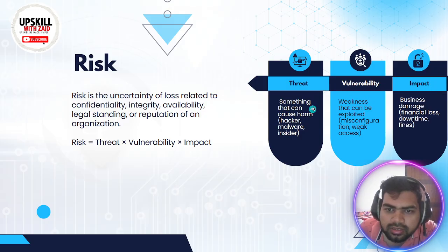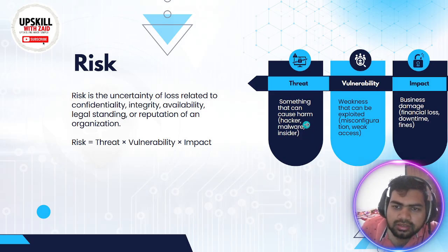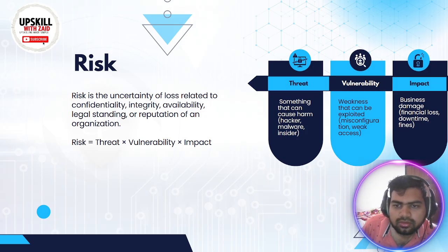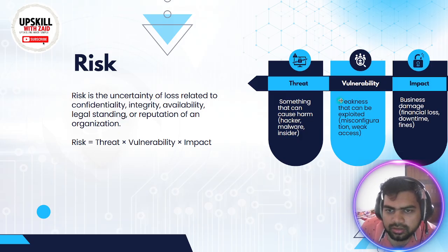A threat is something that can harm, such as a hacker or malware. Suppose your system is not up to date and patches are not being deployed, then that is a vulnerability. A threat is that, since the patches are not deployed, a hacker can get into your system.